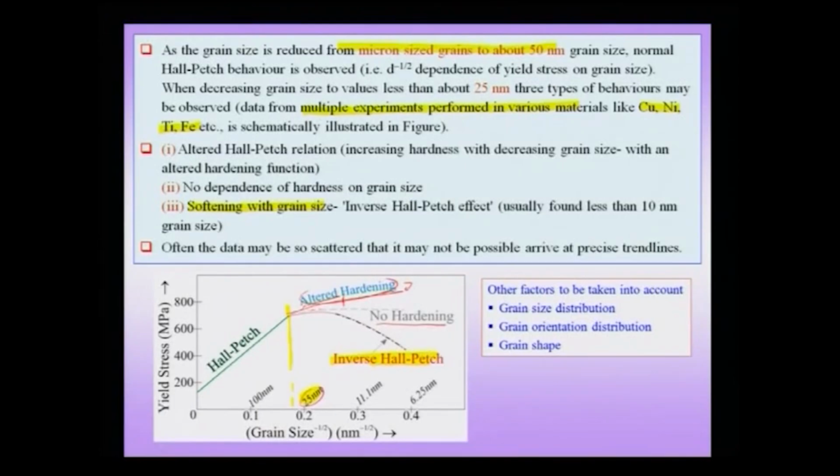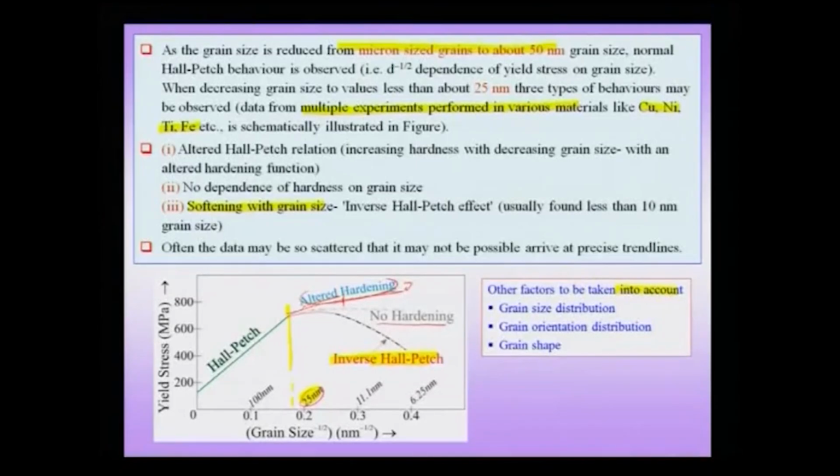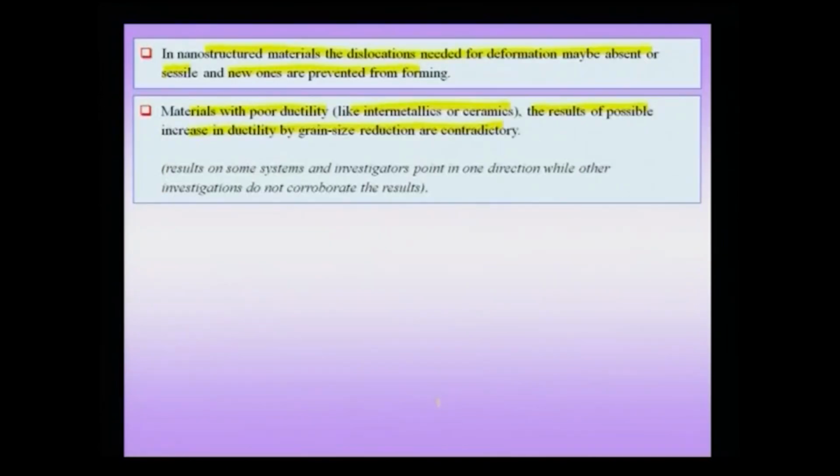A precise understanding of these materials can only arise when we take into account not only the grain size, but also the grain size distribution, the grain orientation distribution, and additionally the grain shape, which is also going to play an important role in determining the deformation characteristics of nanostructured materials.